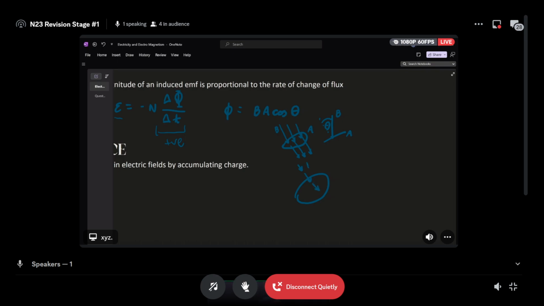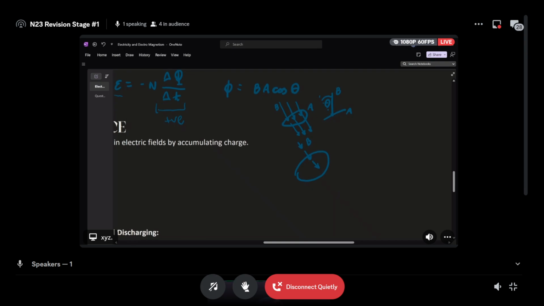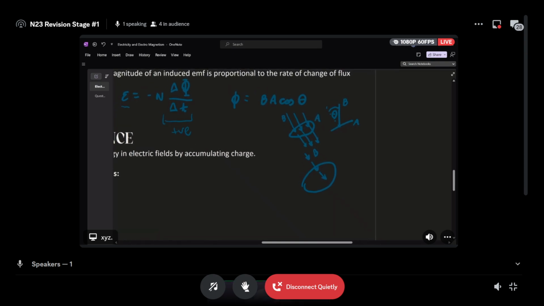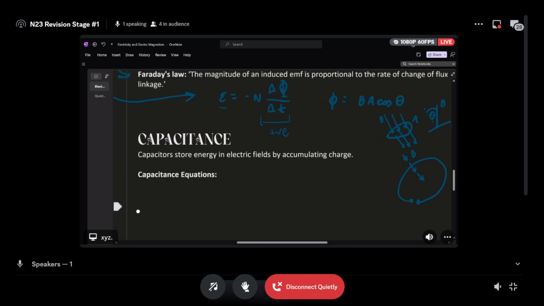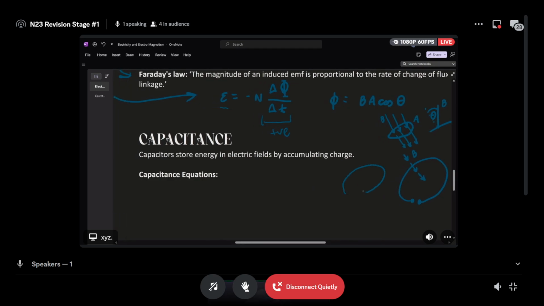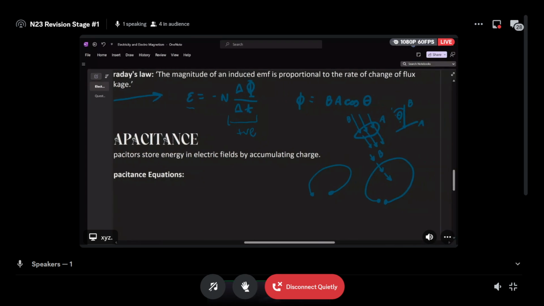So this is our B. And we'll have it like this so we can see what way the current is going. Initially, this is the initial state, so there's no magnetic field.